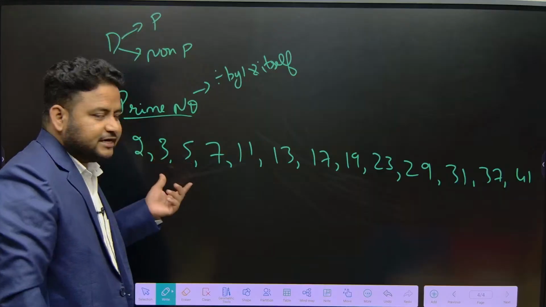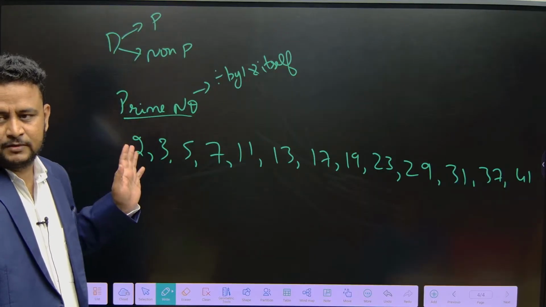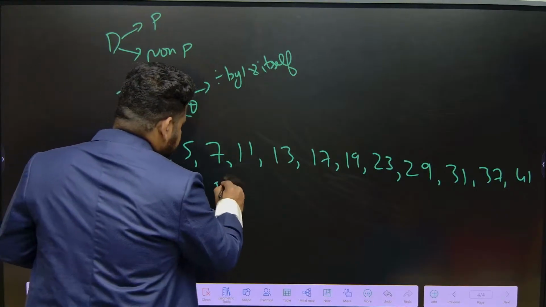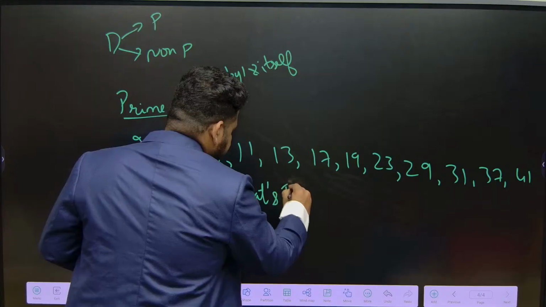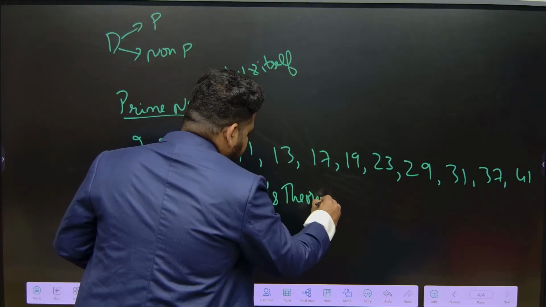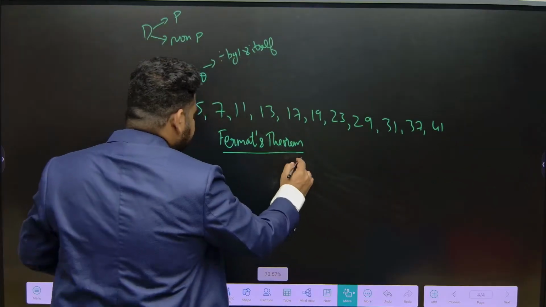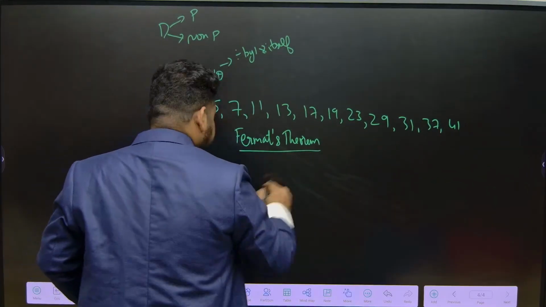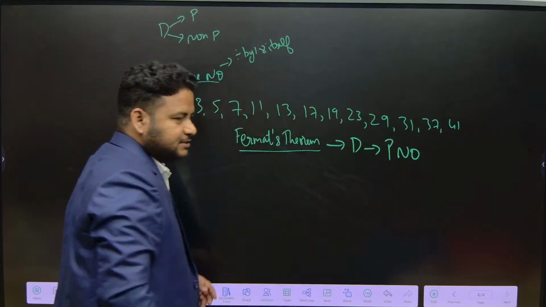So when the denominator is a prime number, we have a theorem called Fermat's theorem. Fermat's theorem, when the denominator is a prime number.